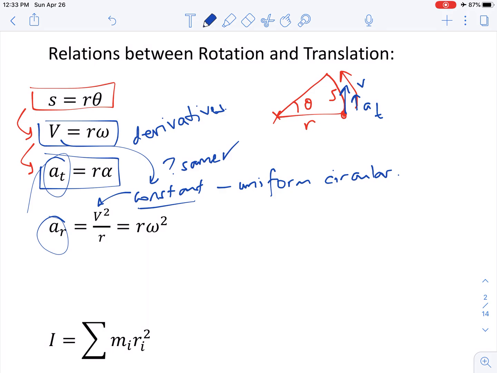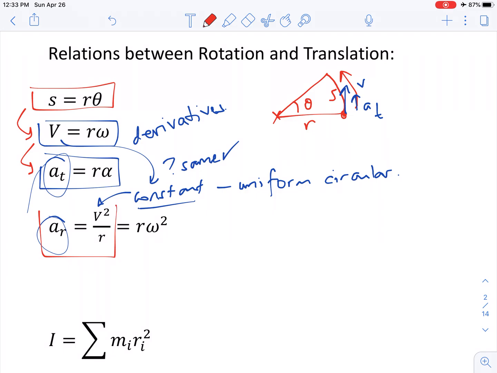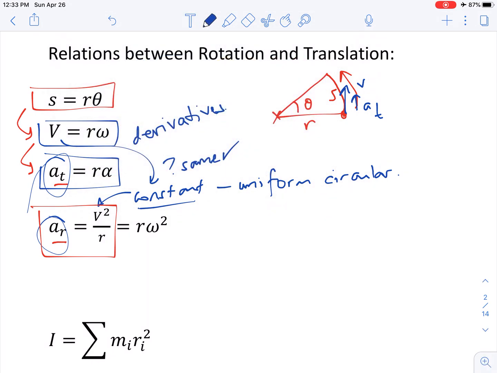So we know that the centripetal acceleration is given in this form. We derived that equation in chapter 4. So again, t is for tangential, r is for radial, okay? And this r is, of course, pointing towards the center, right? Because this is a center-seeking acceleration.